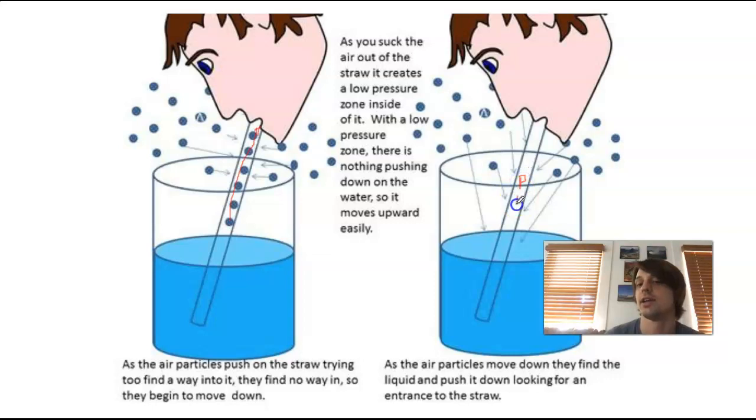There's less air in there. But I still have air pressure on the outside of the straw. So what does that do? This pressure on the outside pushes that liquid up. So we're not really sucking the liquid up when we're using a straw. The air outside us is pushing that liquid up because of that difference in pressure. Less pressure in here, more pressure out here. That's where I see that difference.